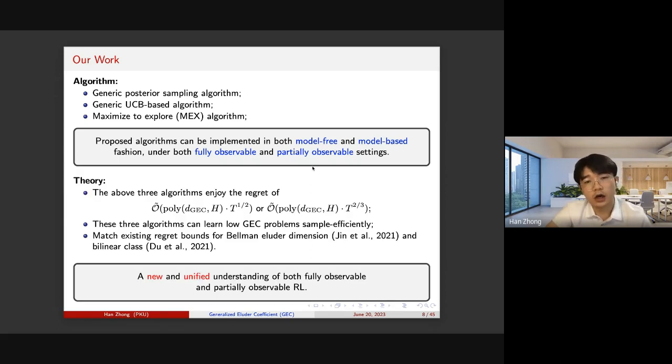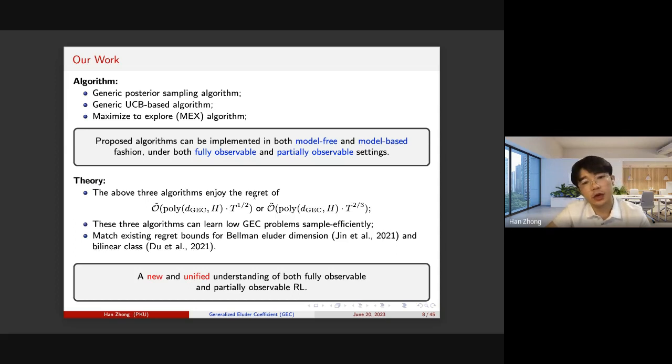For theory, we show that all three algorithms enjoy a regret of O tilde of square root of d_GEC H times T, where d_GEC is the GEC of the RL problem, H is the horizon, and T is the number of episodes, or O tilde of d_GEC H times T to the two-thirds.